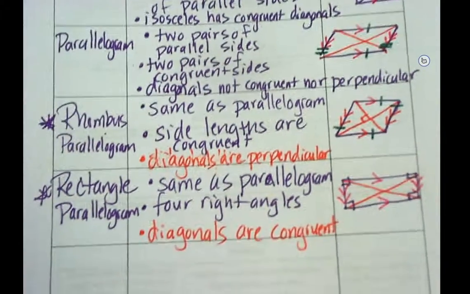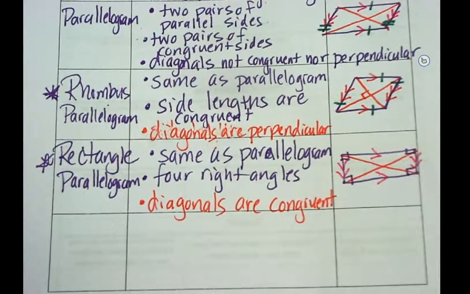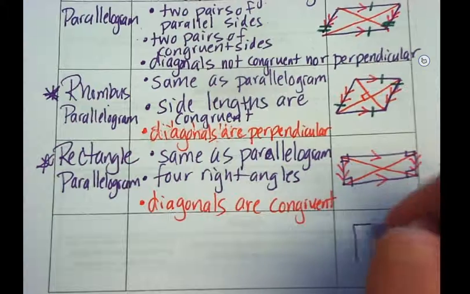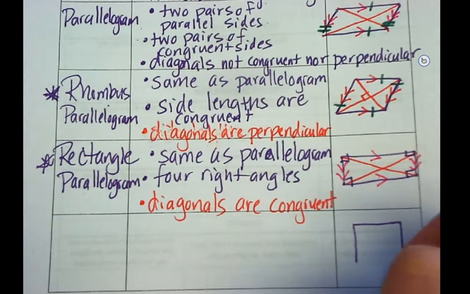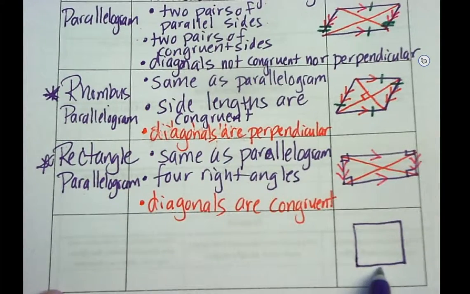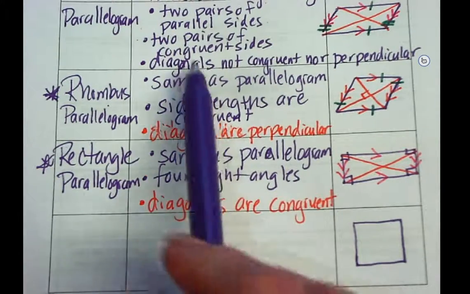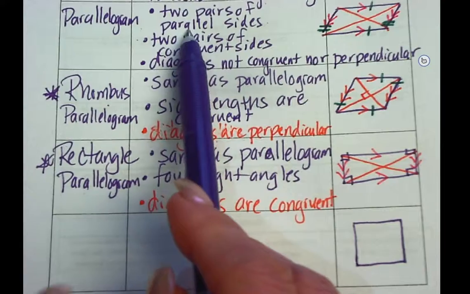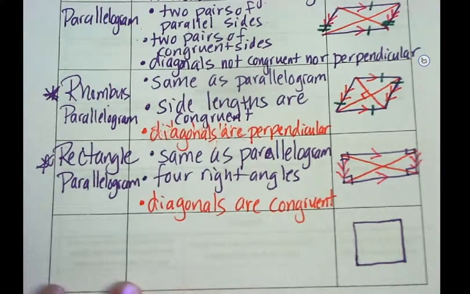Now our last shape, what's our last shape? We're not doing kite. What's our last shape besides the kite? Square. So we're going to draw a square. And then we're going to talk about it. Does a square have 2 pairs of parallel sides? Yes.